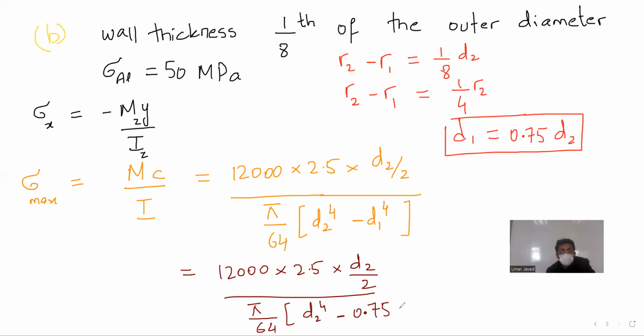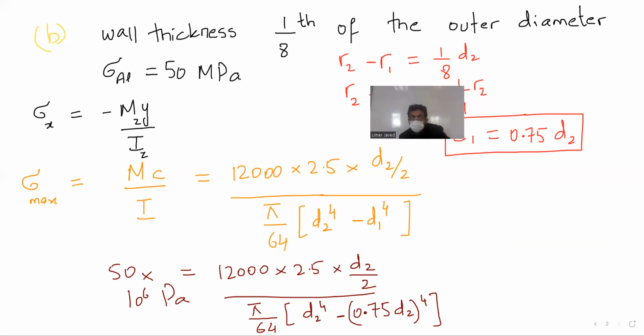You get the same thing. 0.75 D2 power 4, and 50 megapascals is the value for allowable maximum stress for aluminium. Nice and beautiful. Give me the D2.